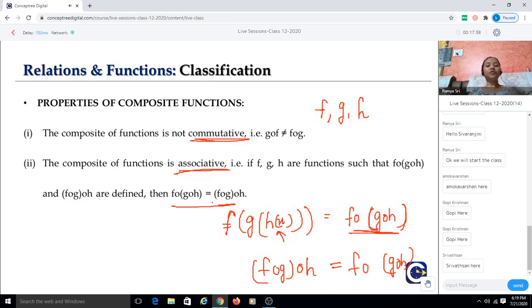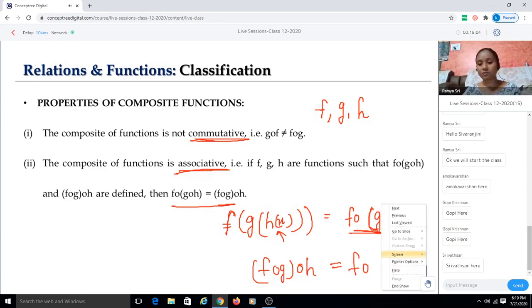But if you know whether the function is associative or commutative, then it will be easy, right? In one step, you might have solved the question. That's why we should be aware of these typical properties of our composite function, where the first one states that the composite of functions is not commutative, but the composite of functions is associative, right?